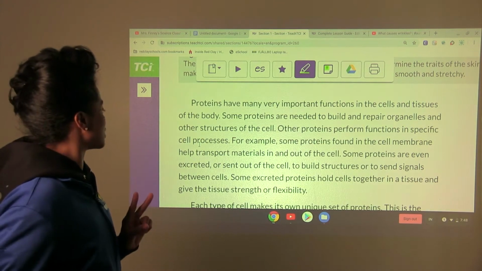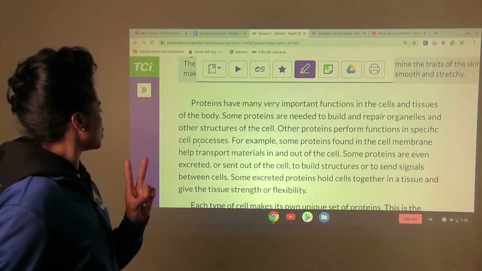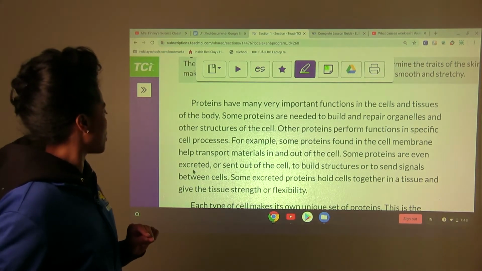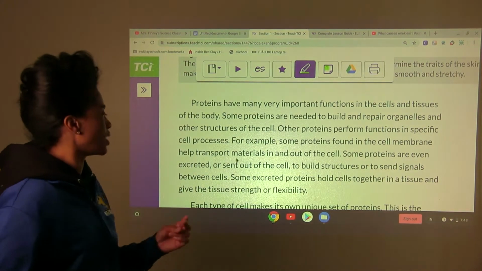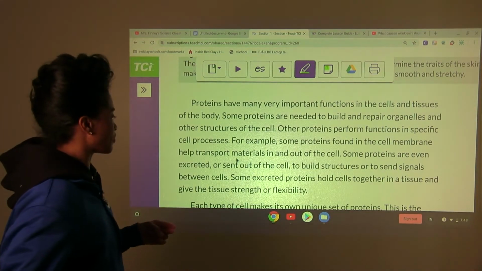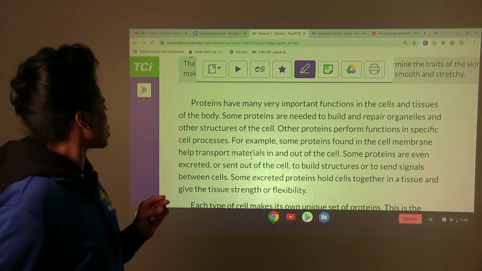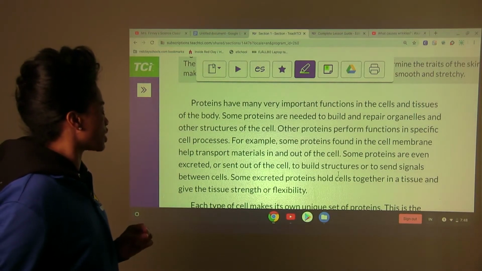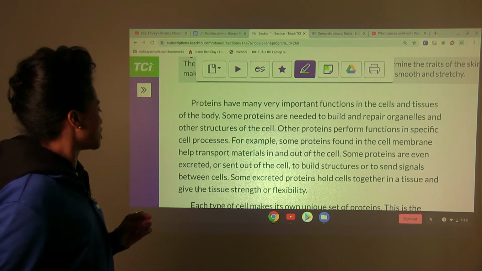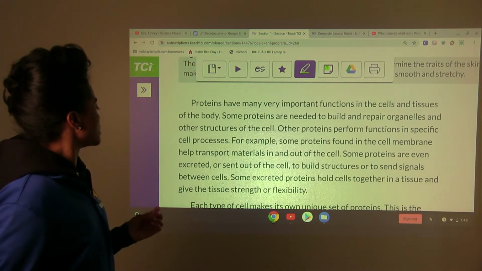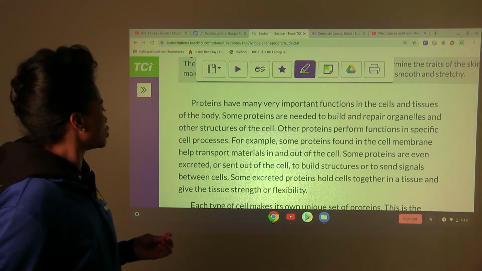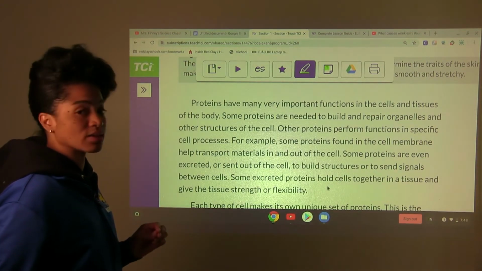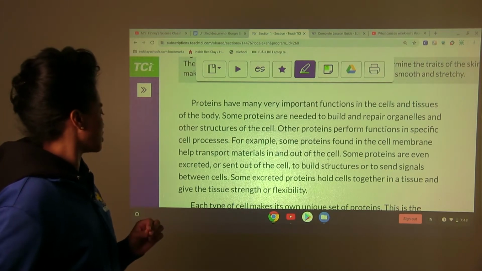Okay, performing functions in specific cell processes. 2, for example, some proteins found in the cell membrane help transport materials in and out of the cell. Third one, some proteins are even excreted or sent out of the cell to build structures or to send signals between cells. Some excreted proteins hold cells together in a tissue and give the tissue strength or flexibility.